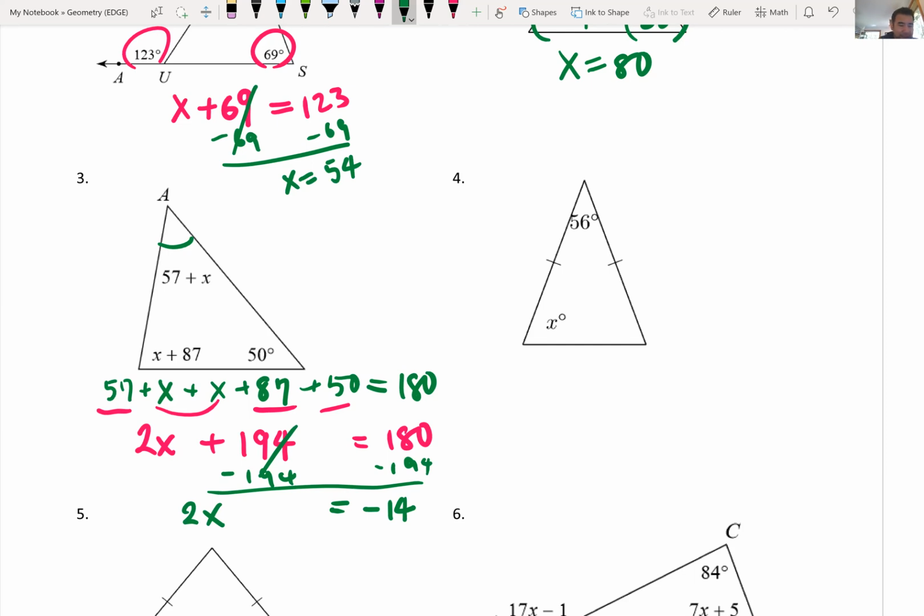And then you're going to divide by 2. So x equals negative 7. Nice job, Janet. Did anybody else get that? Nice job, Saif. Anybody else? Okay, very good.